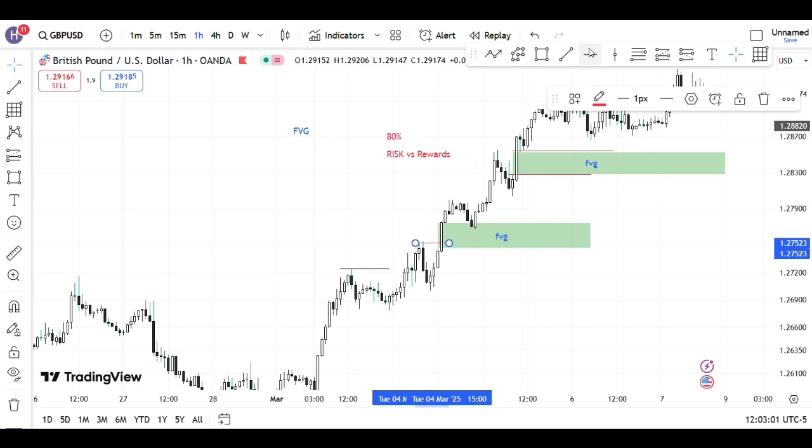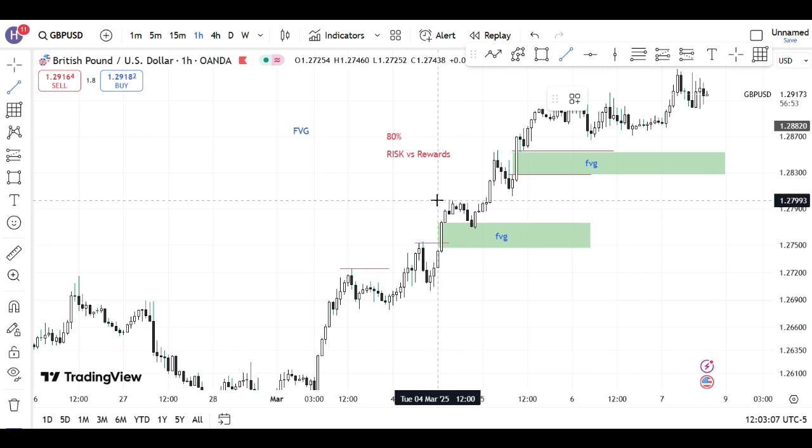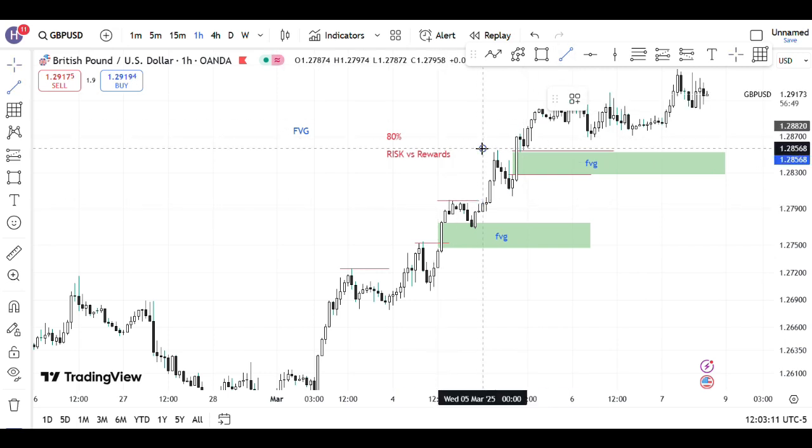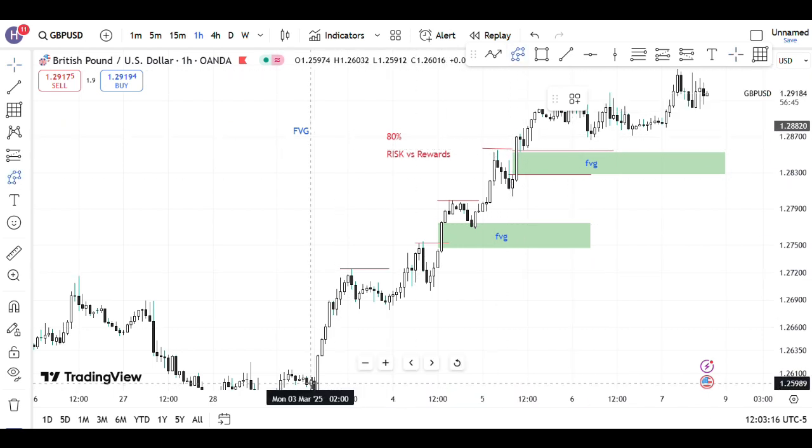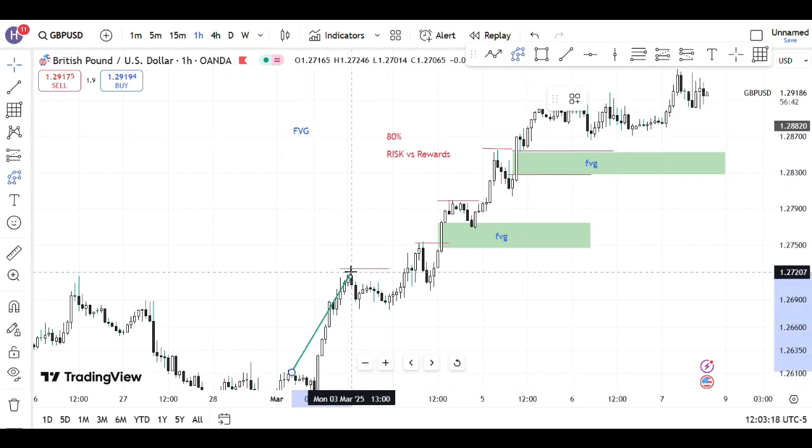This is a lower high. This is another lower high. This is another lower high, right?